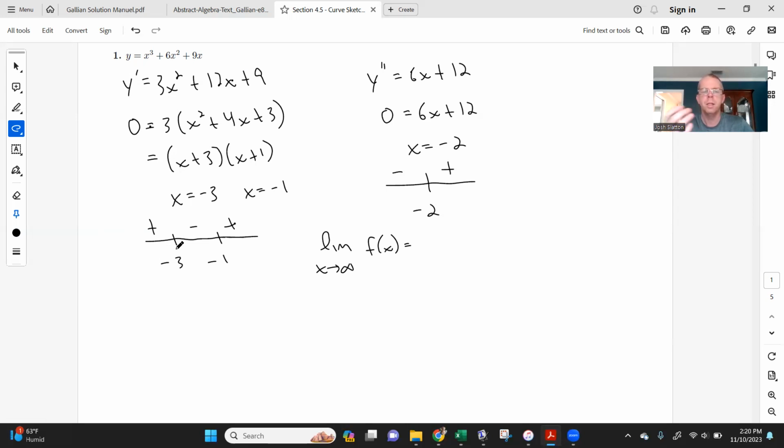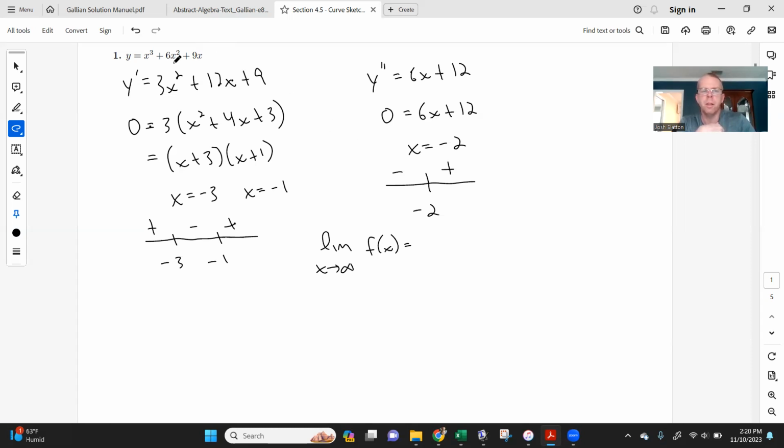And so obviously the function is going to go down to -infinity as x goes to -infinity. But we'll still do this just so we can talk about it. Now, when x goes to infinity or -infinity of a polynomial, we don't need to worry about the lower exponents. We really only need to worry about the highest exponent.